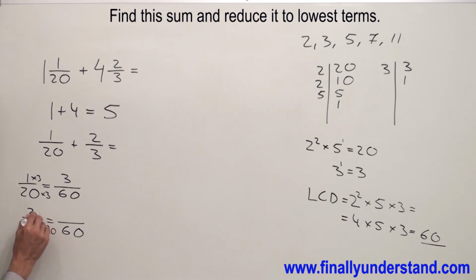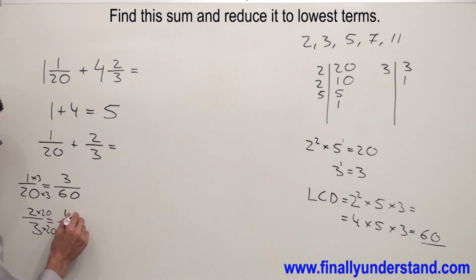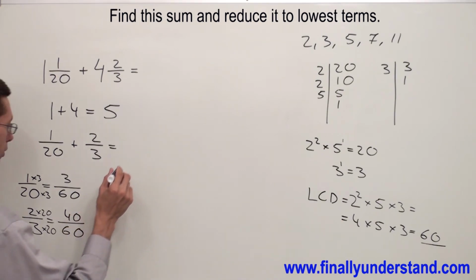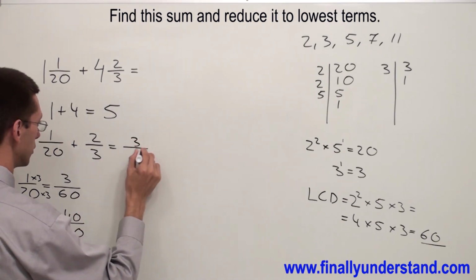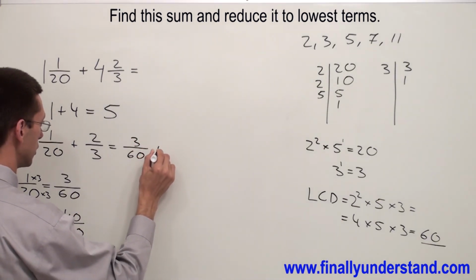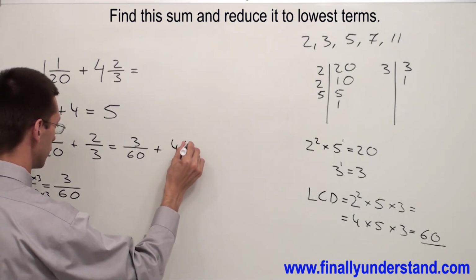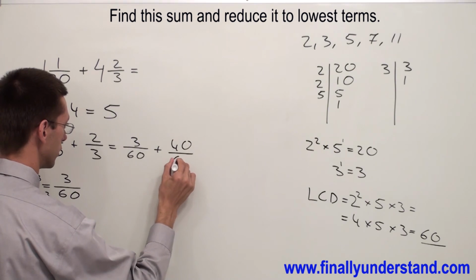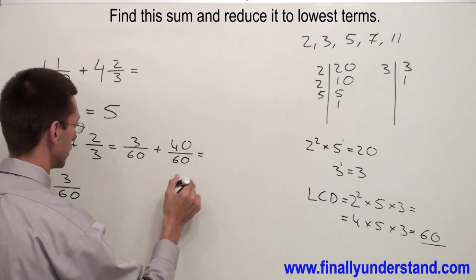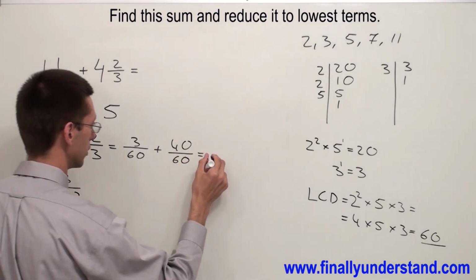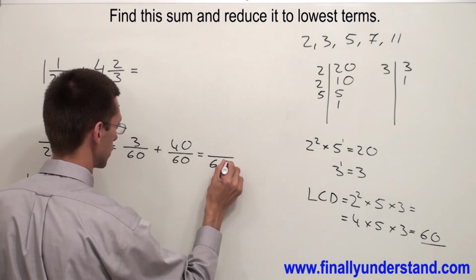Times 20. 2 times 20 is 40. Okay, so I have 3 over 60 plus 40 over 60. So the common denominator is 60.